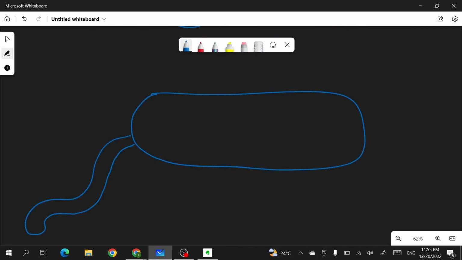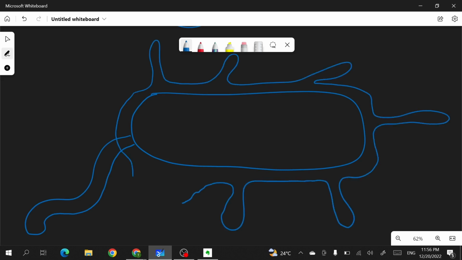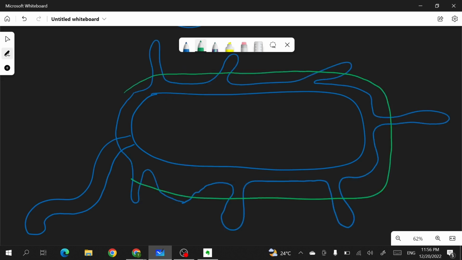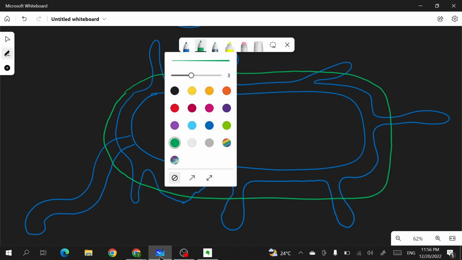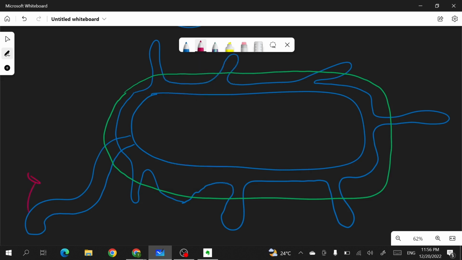All right, so now let's look at bacteria. What you need to know: this is the flagellum, which is sometimes present.